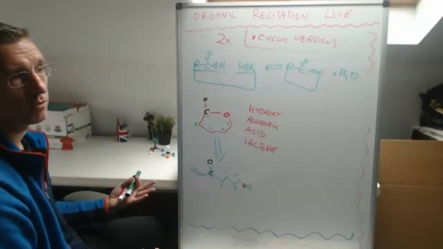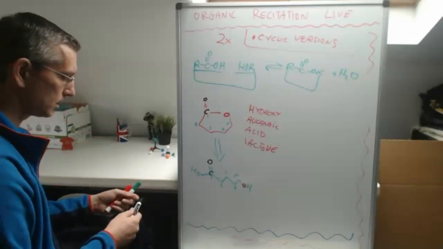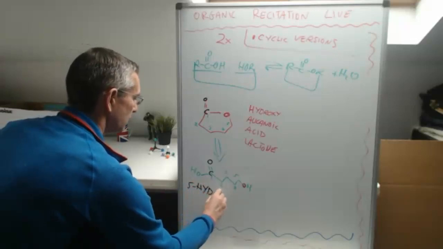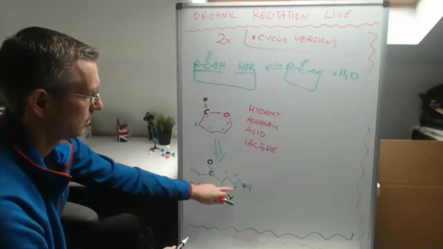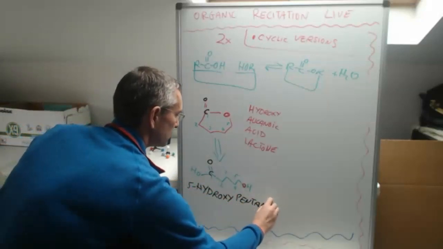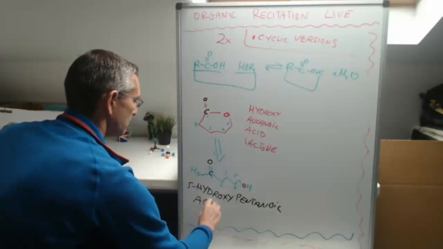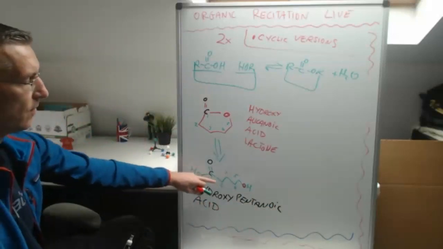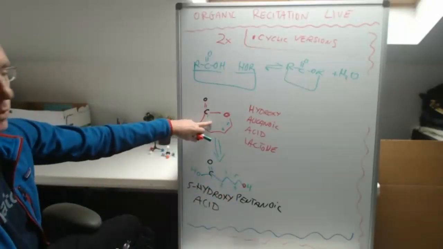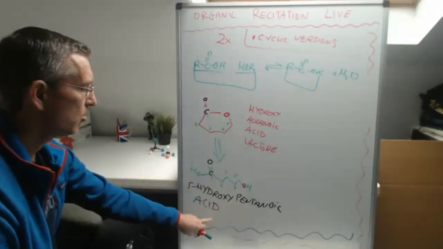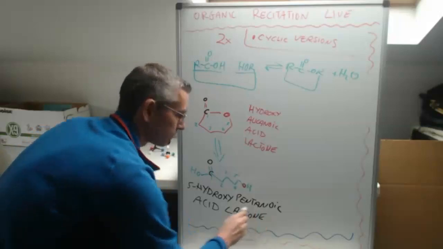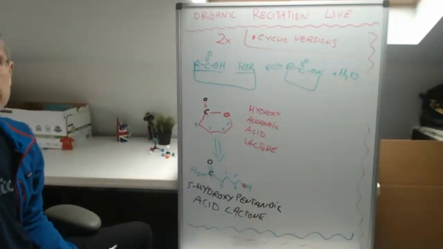From your carboxylic acid naming skills, you know this would be 5-hydroxy, remembering to count the correct carbons, pentanoic acid, so 5-hydroxy pentanoic acid, which makes this molecule 5-hydroxy pentanoic acid lactone.